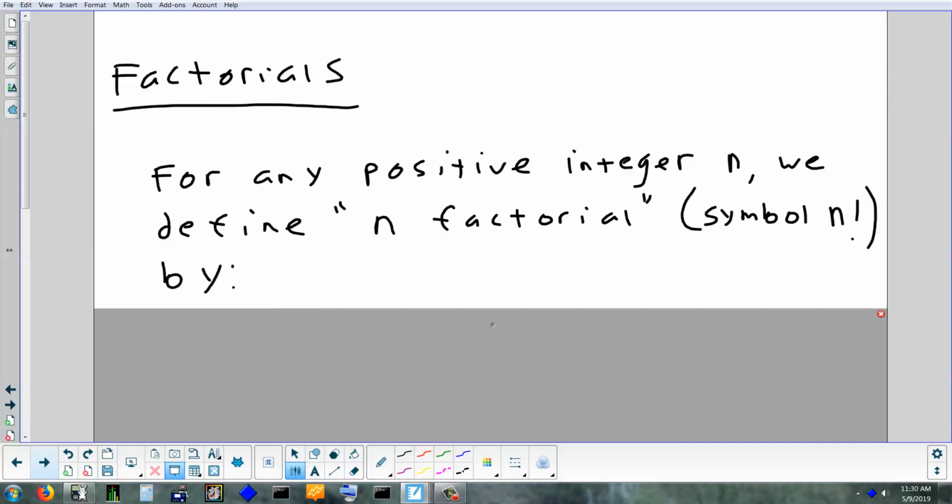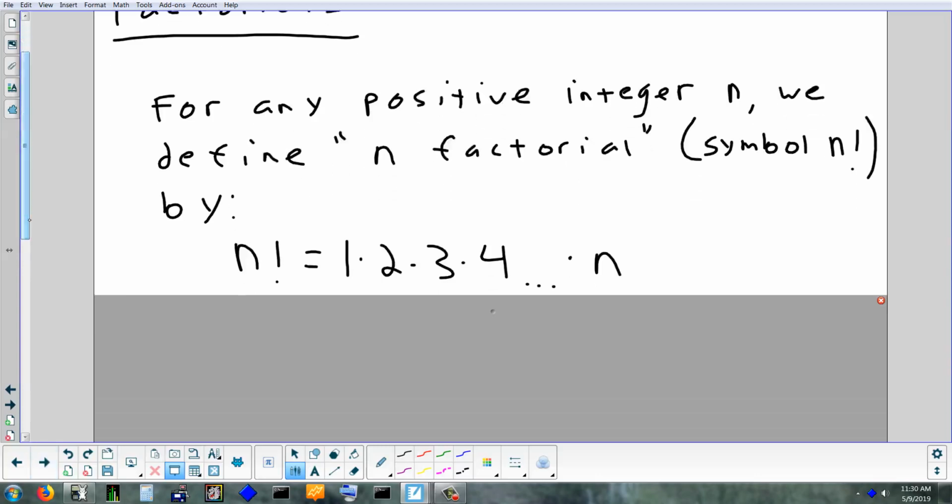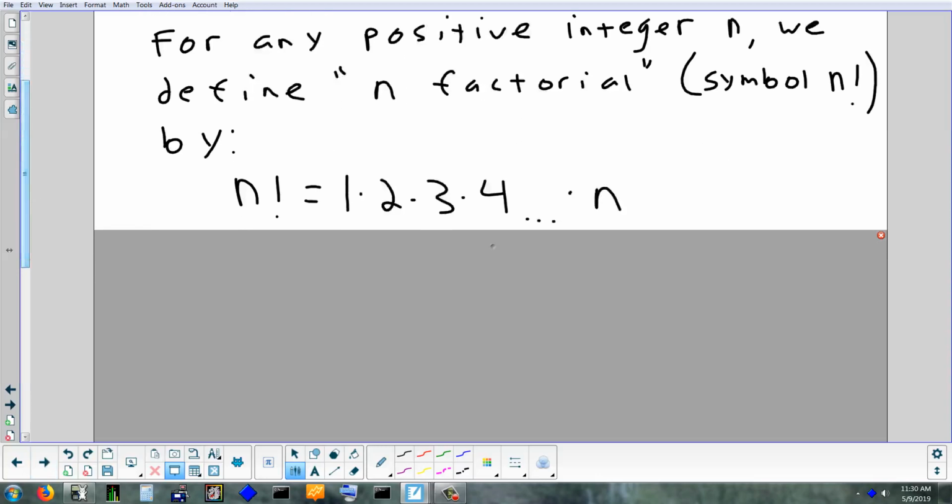Okay, so just read it like it's your birthday. All right. So for example, n factorial equals the product of every number from 1 up to your number. So like 6 factorial means 1 times 2 times 3 times 4 times 5 times 6. That's what a factorial is. Product of every number from 1 up to your number.